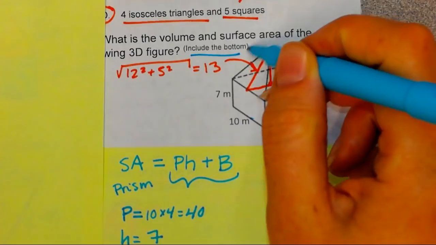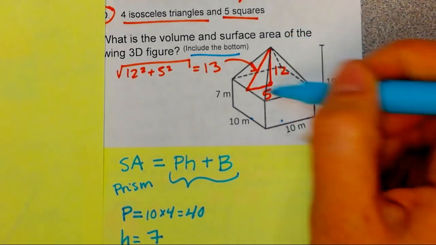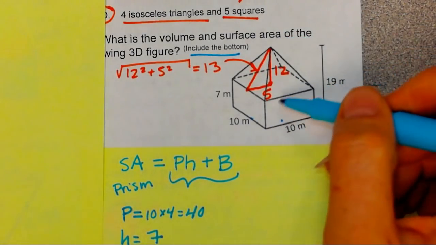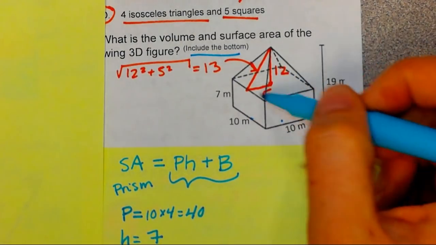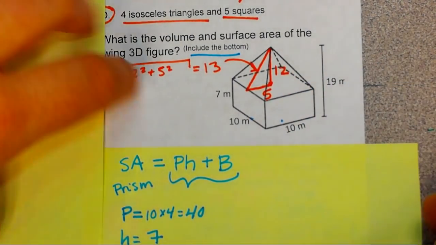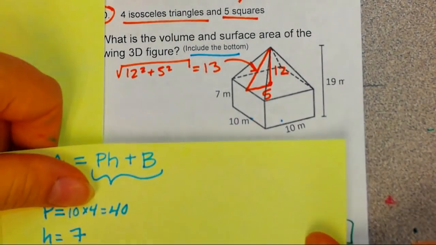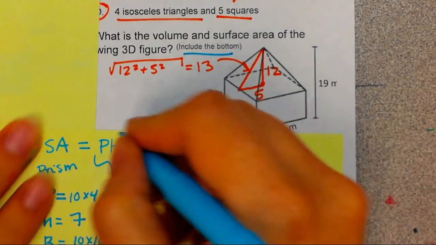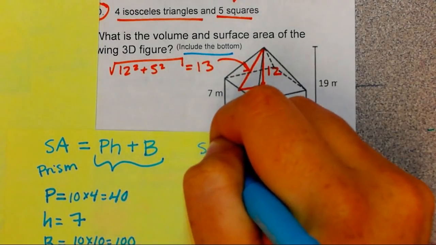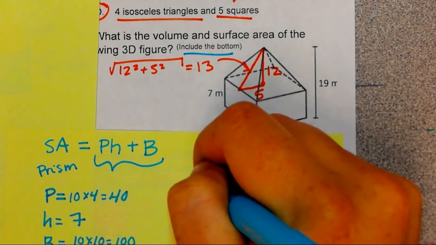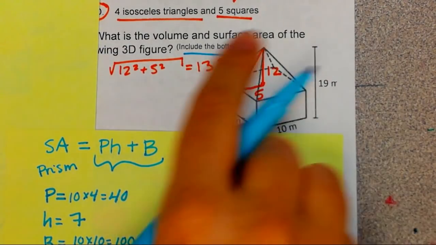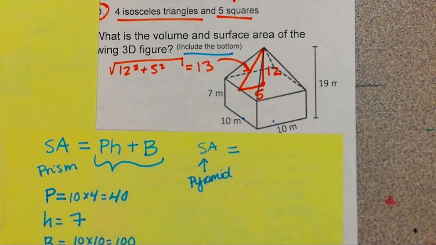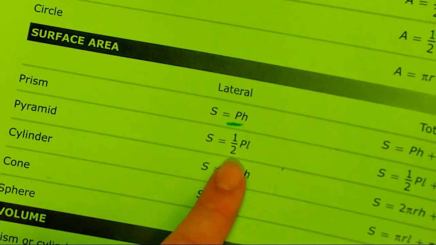Now we need to add the part that is the pyramid. So for the pyramid, the base is covered up, so I don't need to include that. All I need to include is the lateral for the pyramid. So this is the surface area for the pyramid, and I only need to include the lateral. So lateral for a pyramid is half PL.